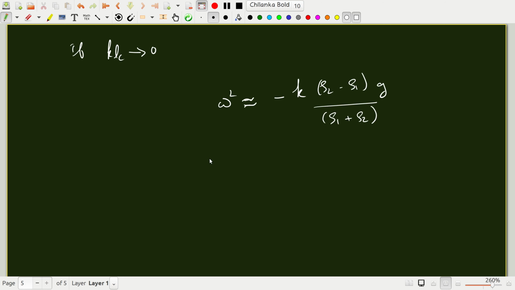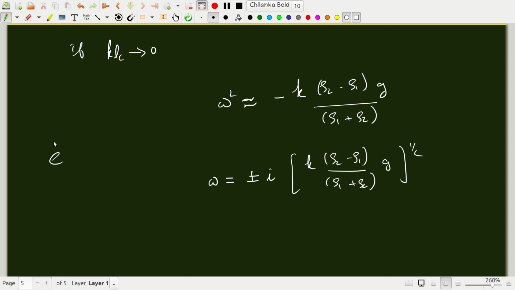If I take the square root, this is negative. Omega squared is negative, which means omega is plus or minus i times [K (rho 2 minus rho 1) by (rho 1 plus rho 2) times G] to the half.